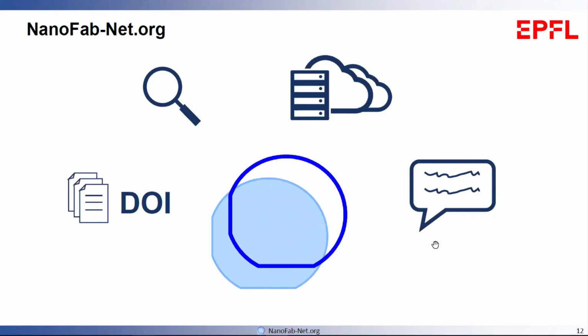So this is the idea of Nanofab-net, which I would like to present to you today. We're trying to put together notes, documents in written format. We're trying to give them credit. Therefore, we give a digital object identifier, a DOI, which is unique for your own work and can be cited.